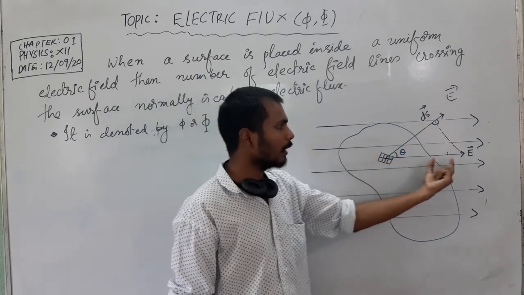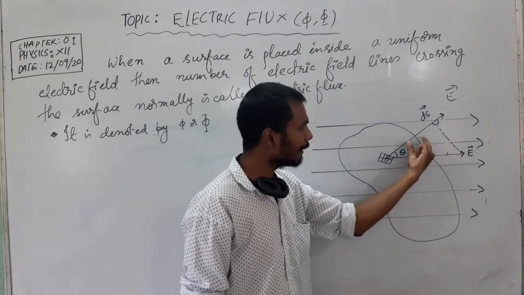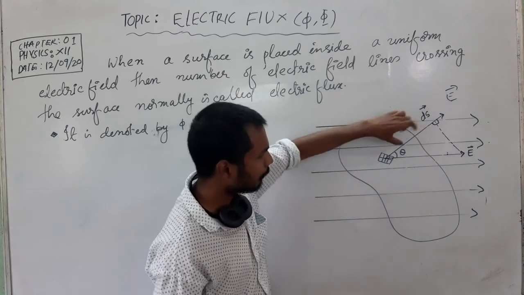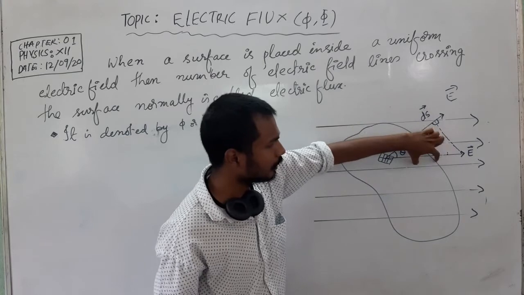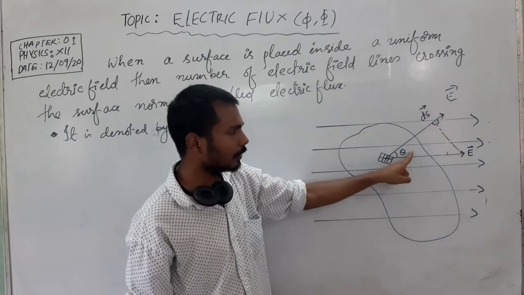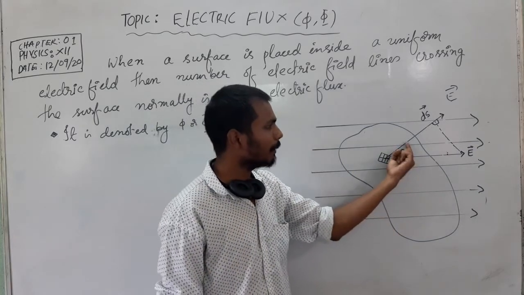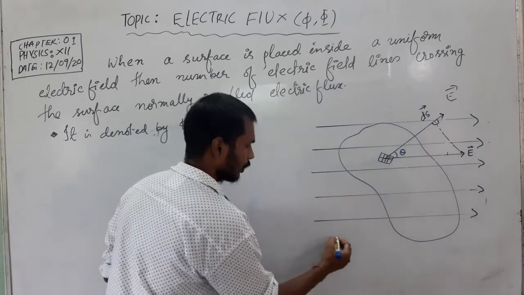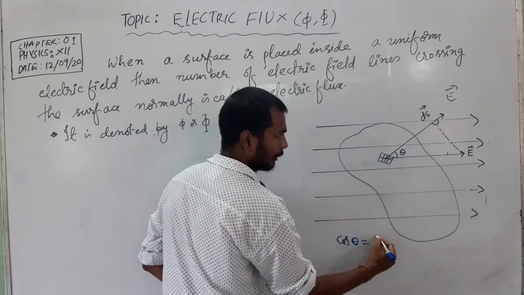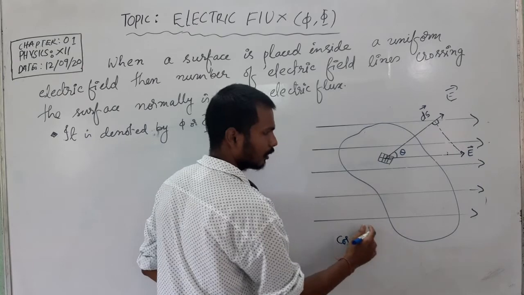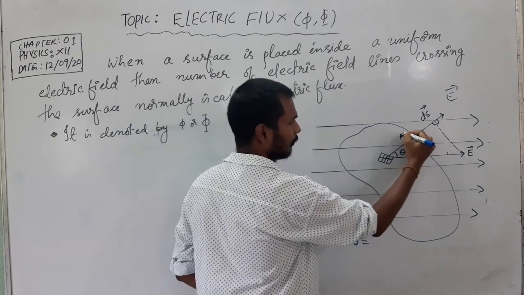Now see, if this is the E vector, this is theta, this is the base, this is the perpendicular, then the base is actually perpendicular to this area. So how will you find the base? If this is theta, then we have to use cos theta. Cos theta means base by hypotenuse. So cos theta is equal to base by hypotenuse. Say for example, this is the base AB.